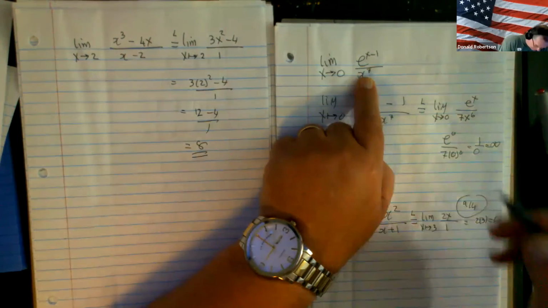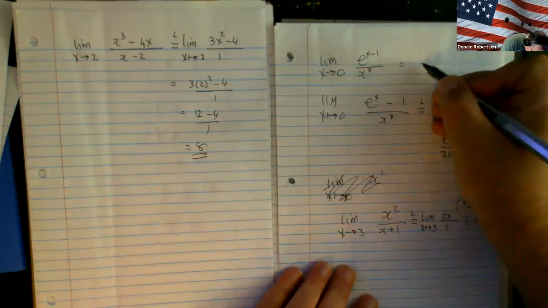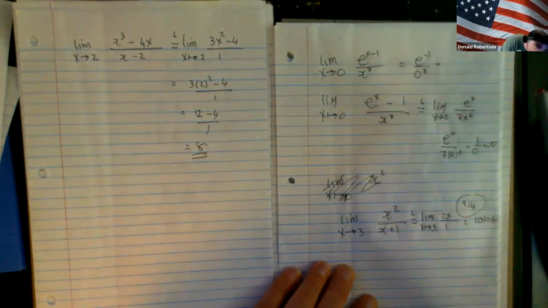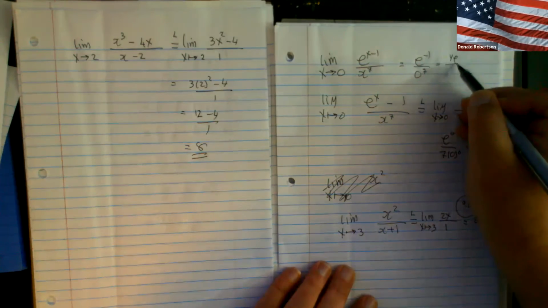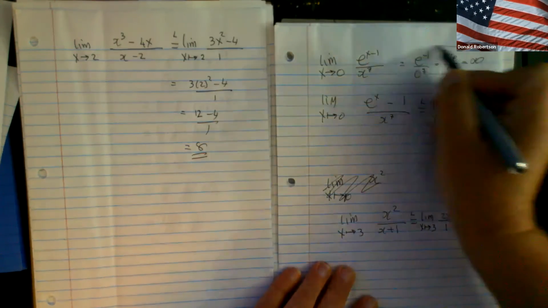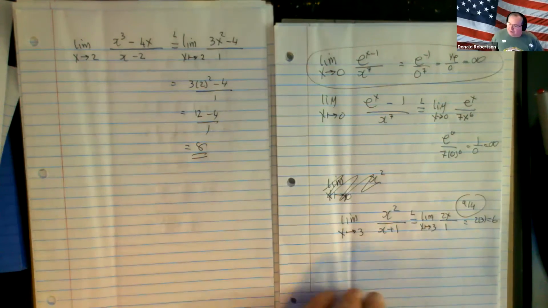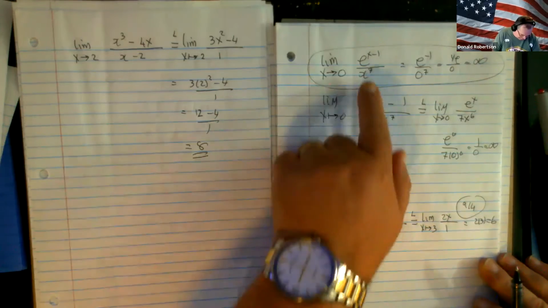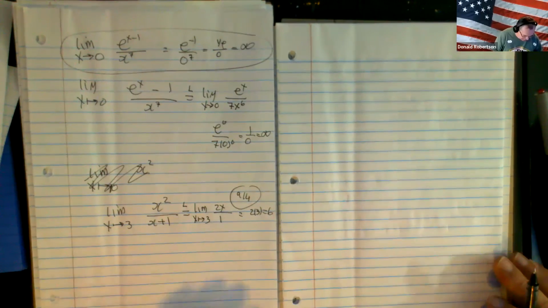If I plug it in up here, I should have noticed that right away. I don't need L'Hopital for that. 1 over 0 is just infinity. Actually, I could have got the answer there. So I was just kind of lucky that L'Hopital gave me the right answer in the first place. Bit surprised that was x to the 7, but yeah, it is what it is.